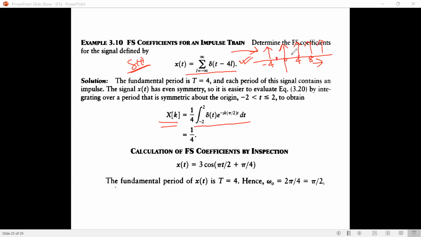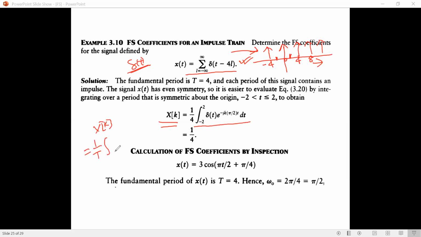Because we are integrating over one period, and your signal is localized, meaning it is present at a particular instant of time within that period, the integration from -1 to 1 or from -2 to 2 will have the same value.